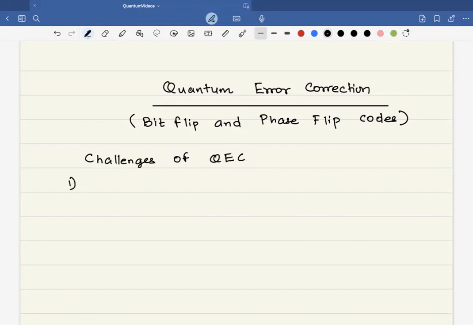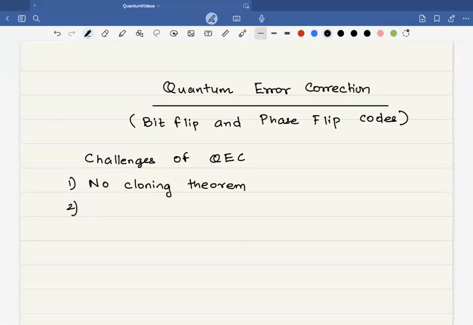Well, the first thing is that there is this no cloning theorem that we have studied before. So that could come in the way of copying quantum bits. As you know, to do an error correction, we need to add redundancy. And so the no cloning theorem could come in the way of this.